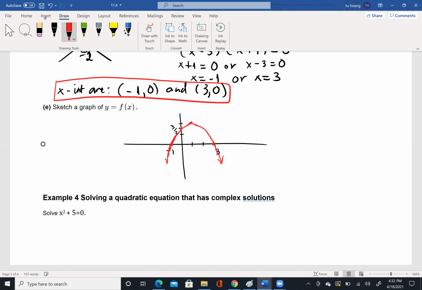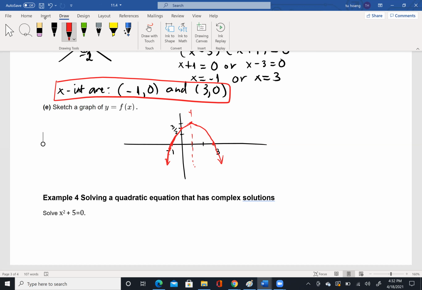You can use more points to correlate it, but I'm just gonna stop with these points, and that's enough for me to draw it. The axis of symmetry is here.